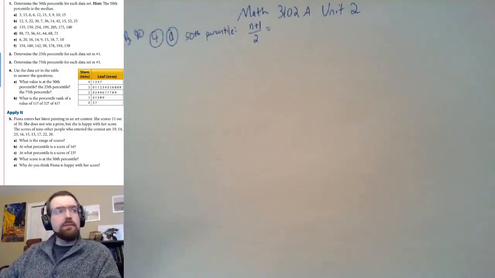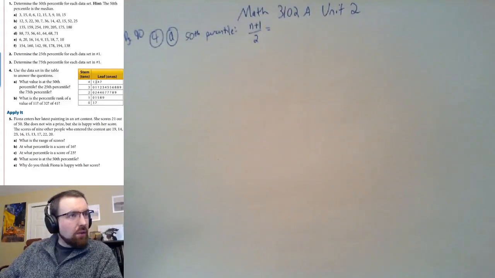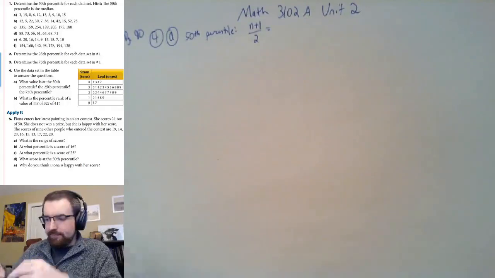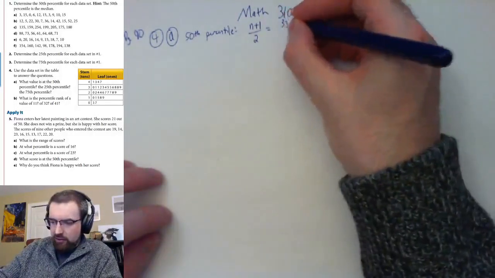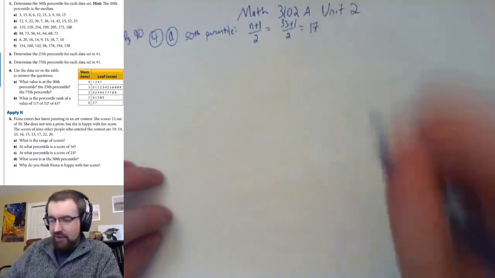All right, then let's count. 1, 2, 3, 4, 5, 6, 7, 8, 9, 10, 11, 12, 13, 14, 15, 16, 17, 18, 19, 20, 21, 22, 23, 24, 25, 33. So it's going to be 33 plus 1 over 2, which is 34 over 2, which is 17.